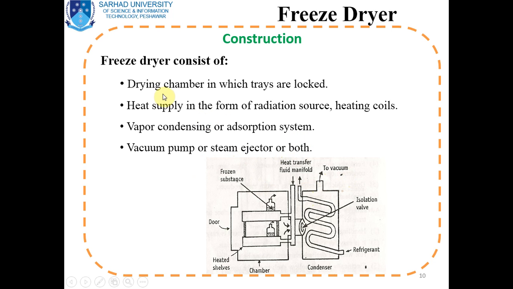So these four parts are necessary for the freeze dryer: the drying chamber, the heat supply, the vapor condensing or absorption system, and the vacuum pump or steam ejector, or both.